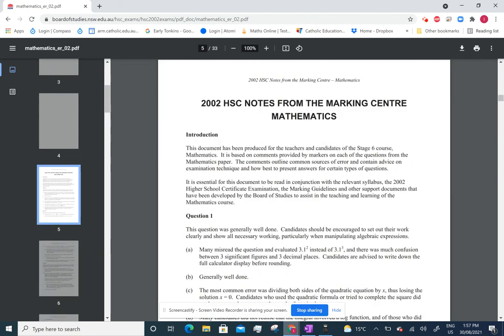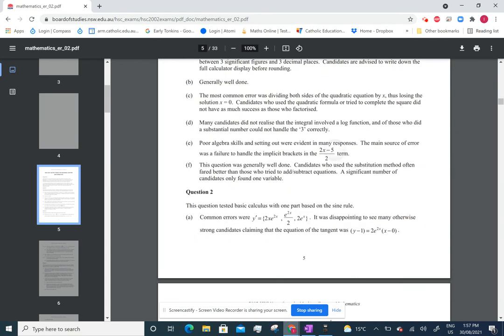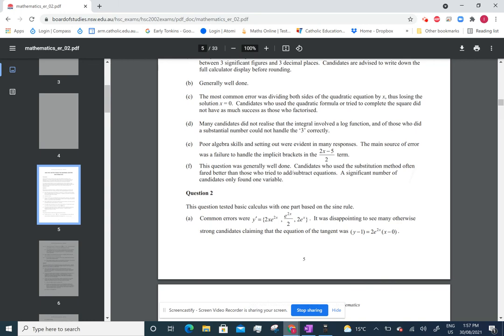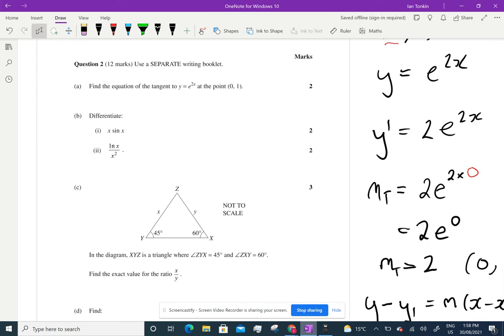Common errors: it was disappointing to see differentiating wrong. All right, so that's gradients of tangents and normals, or equations of tangents and normals to curves.